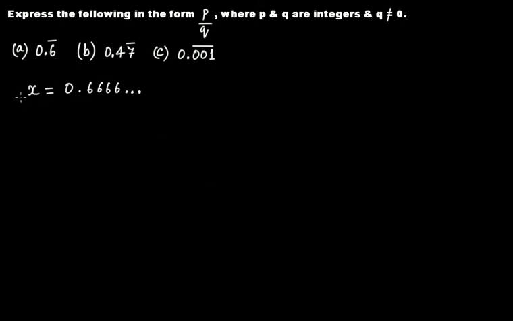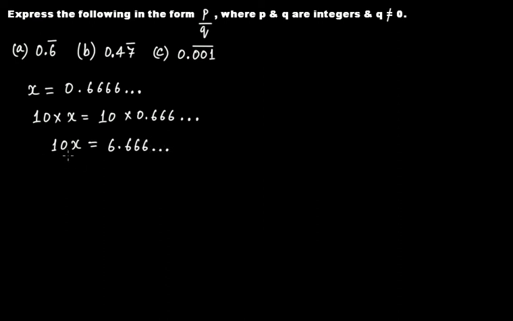Now, if we multiply both the LHS and RHS by 10, this is 10 multiplied by x is equal to 10 multiplied by 0.666 and so on. This gives you 10x is equal to 6.666 and so on.